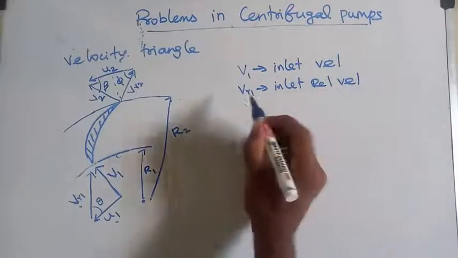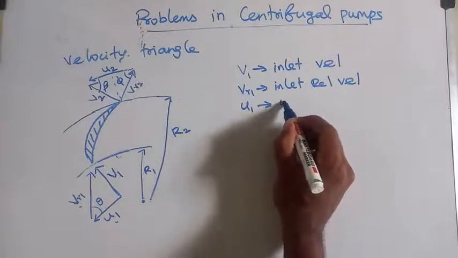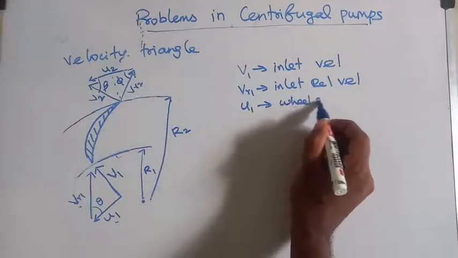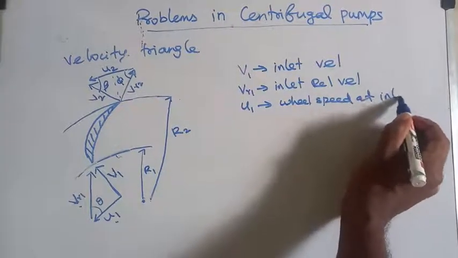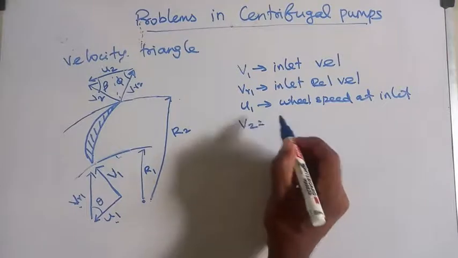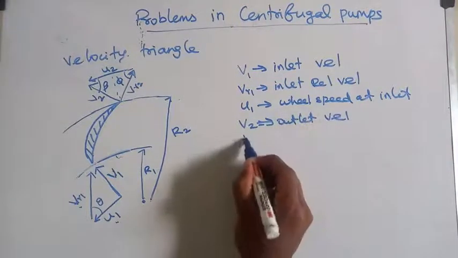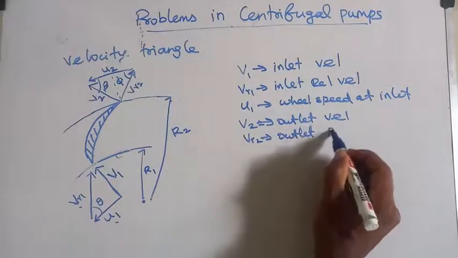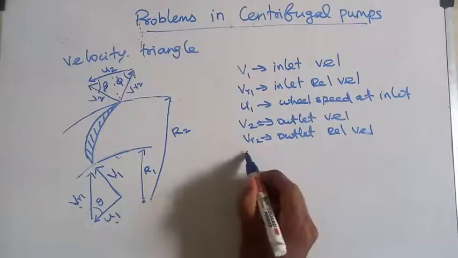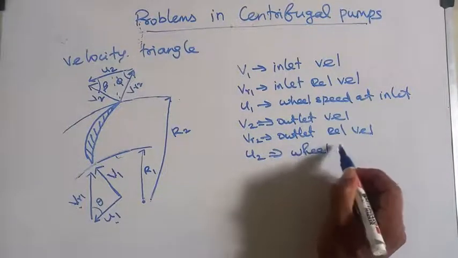We already discussed this in the last class, I am just summarizing now. Like that, V2 is the outlet velocity, VR2 is the outlet relative velocity, and U2 is the wheel speed at outlet.